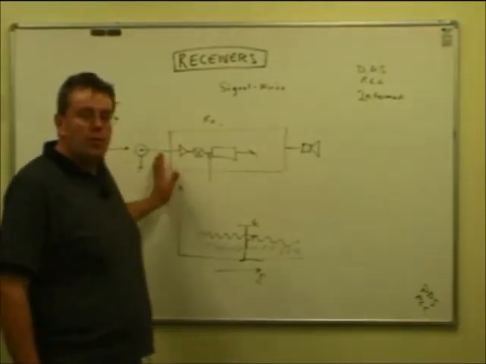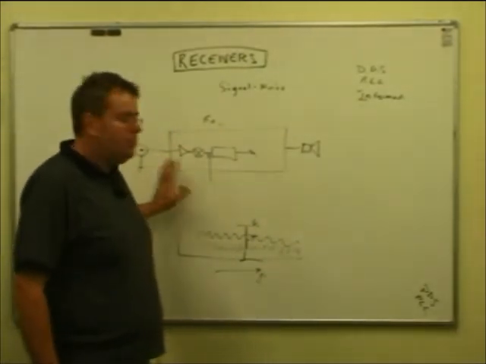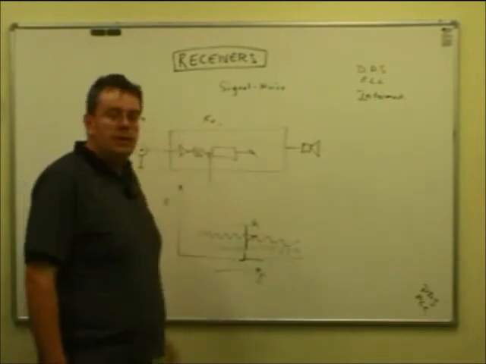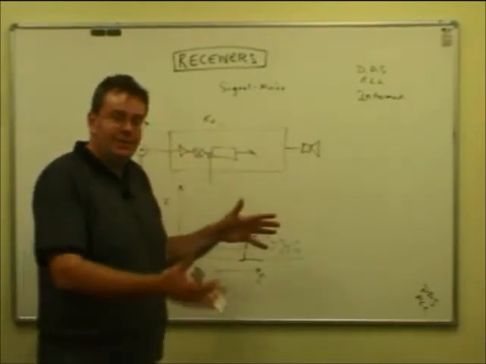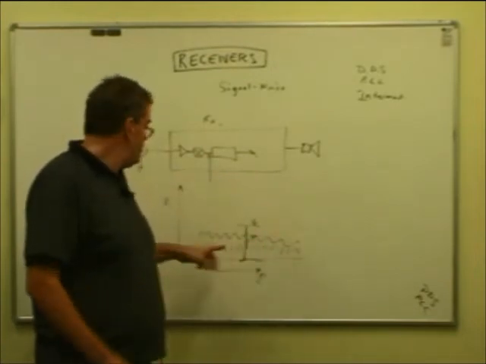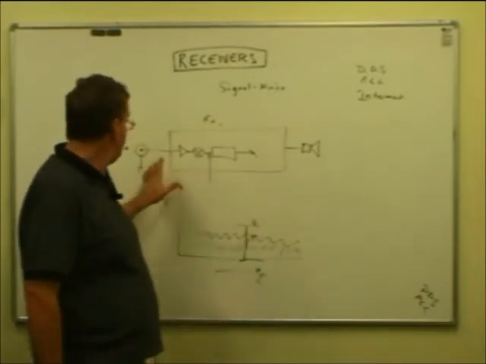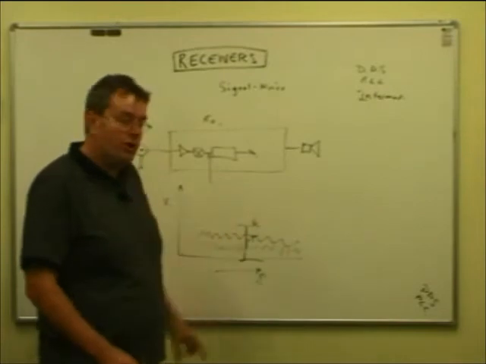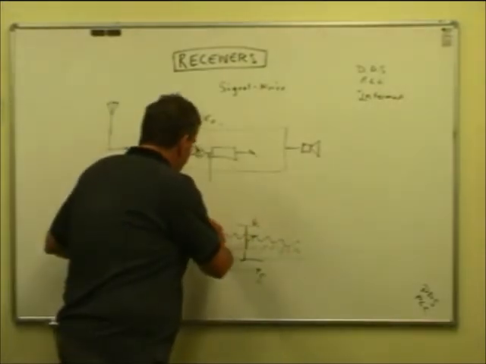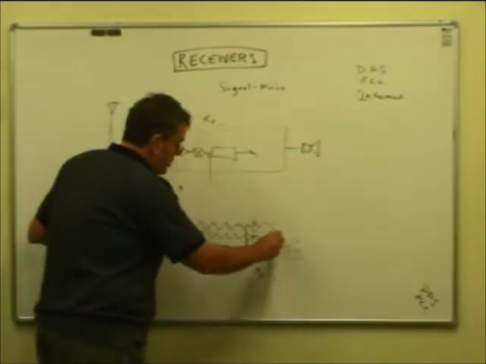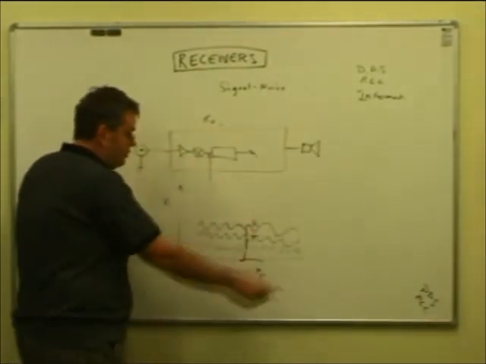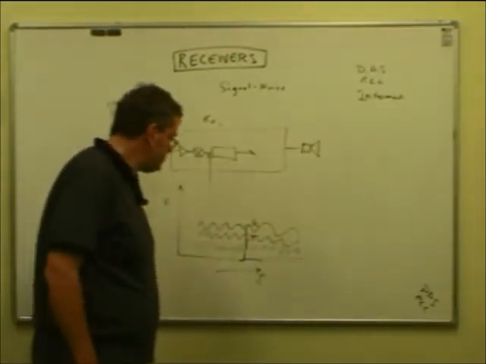But if you're dealing with quite a weak signal, and you've got poor quality electronics, especially in the front end of the receiver, then you may actually lose the signal altogether. A good quality receiver, you may be able to hear it, but a poor quality receiver, the noise that was already there has now increased so much by the noise added here that the signal's gone forever and you can't hear it.